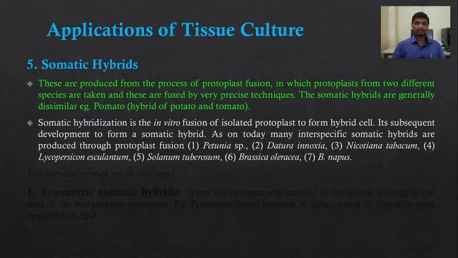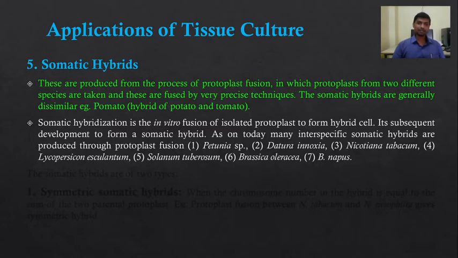As of today, many interspecific somatic hybrids are produced through protoplast fusion. For example, Petunia species, Datura innoxia, Nicotiana tabacum, Lycopersicon esculentum (tomato), Solanum tuberosum (potato), Brassica oleracea (cabbage), Brassica napus.